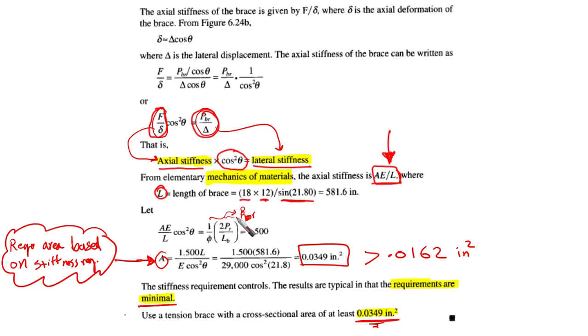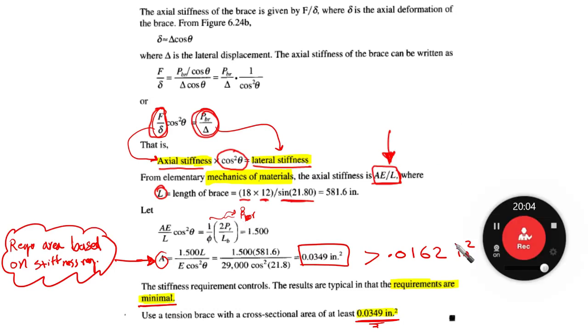So we can say that EA over L, which is the axial stiffness, equals F over delta, times cosine squared theta, equal to beta BR. This is from the equation in Appendix 6, related to our case, to this type of bracing that we are using now.